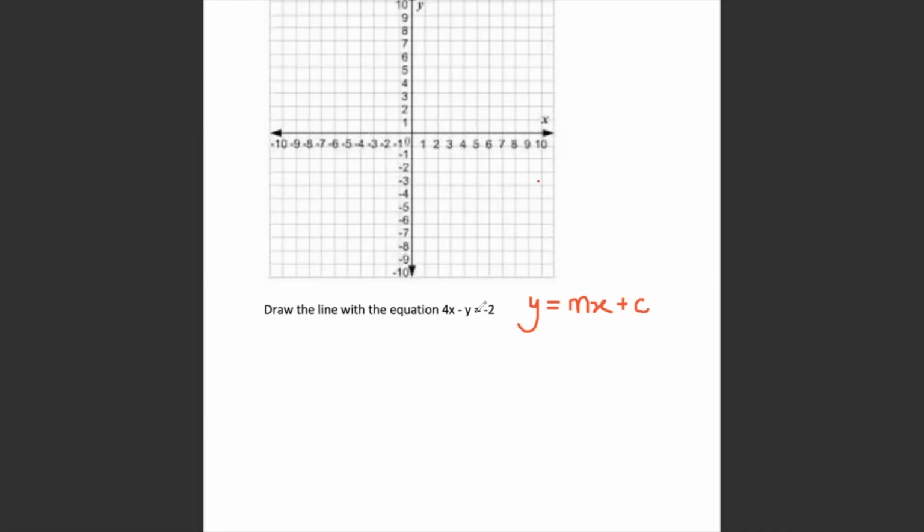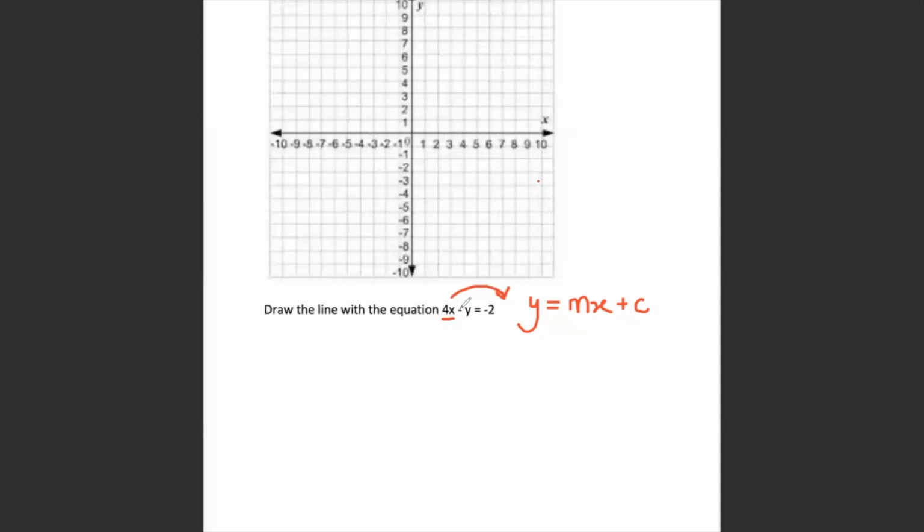So this is the equal sign. On the left-hand side of the equation, we have 4x minus y. And on the right-hand side, we have a minus 2. So if we want to express it as y equals something, we have to move everything else to the other side there. So this 4x is a plus 4x there on the left-hand side.